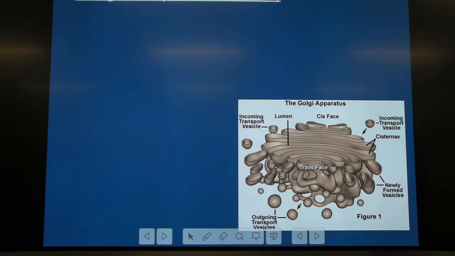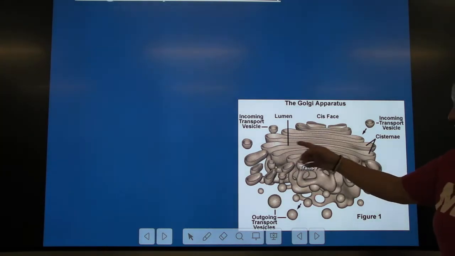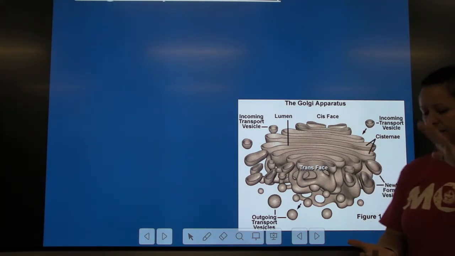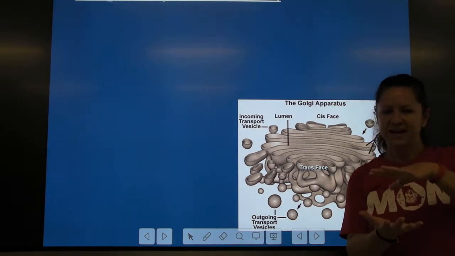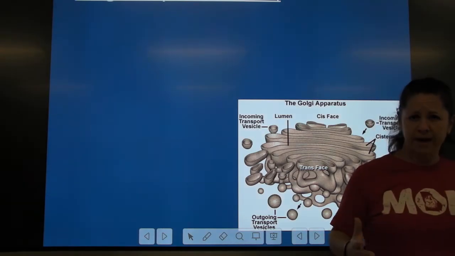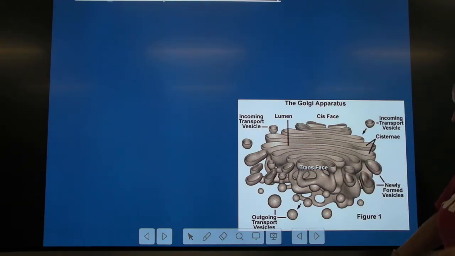All right, the Golgi body, again, not found in bacteria. It's a little hard to tell here, but a lot of people think that it looks like a bunch of flattened sacks, all stacked together, kind of like pancakes. All right, and this is a cross section.